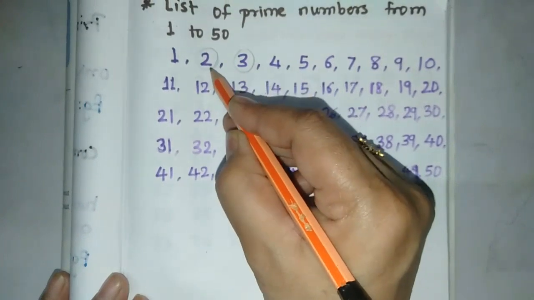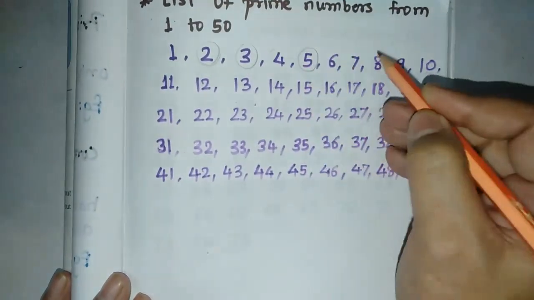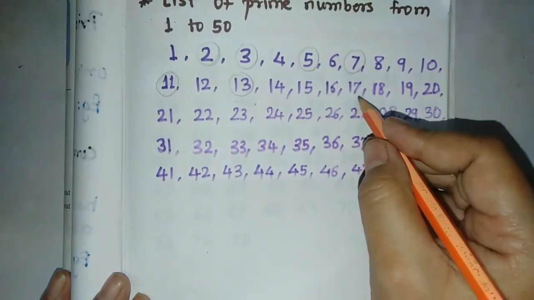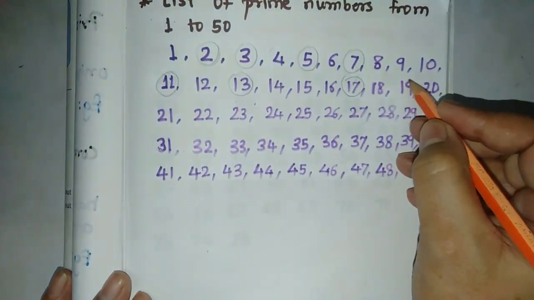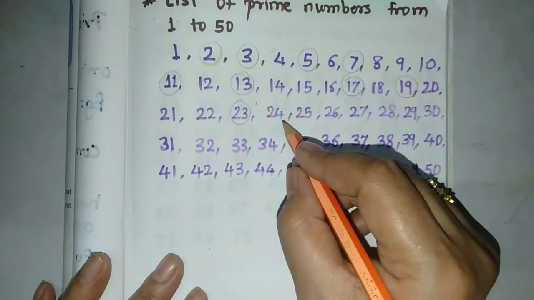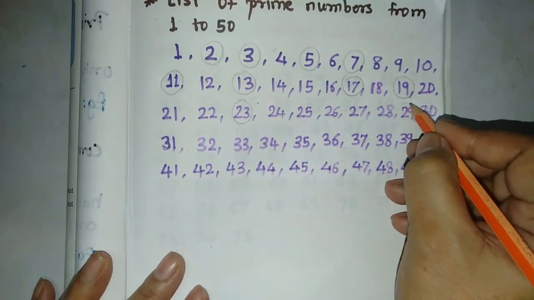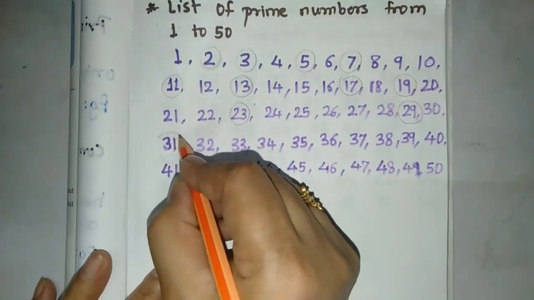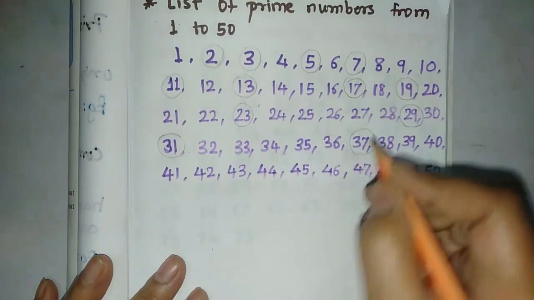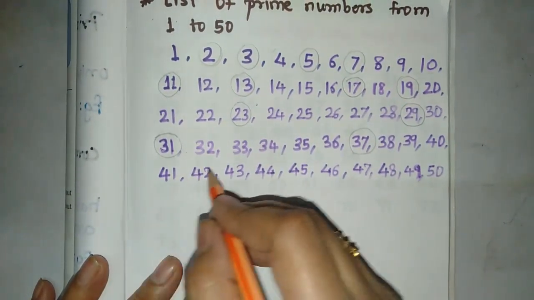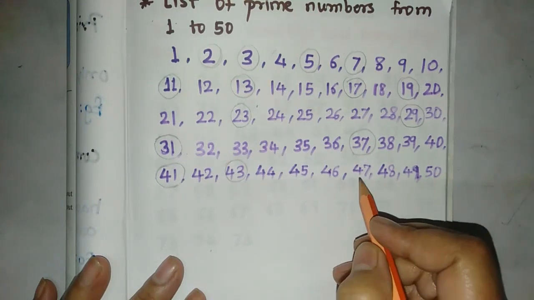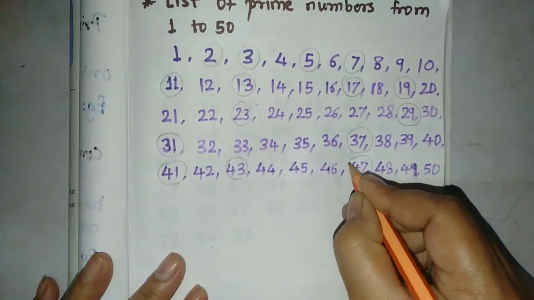3, 5, 7, 11, 13, 17, 19, 23, 29 is a prime number. 31 is also a prime number because it has only two factors. 37, 41, 43, and 47.